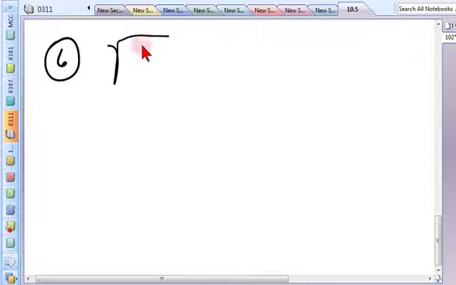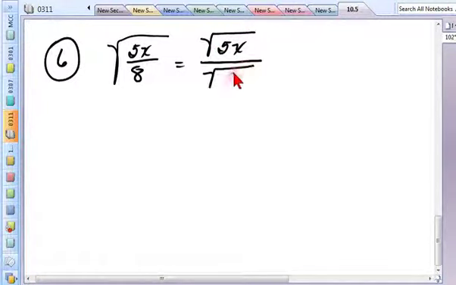It has the square root of the fraction, 5x over 8. All right, the first thing I'm going to do is break it into the square root of 5x over the square root of 8. And every time I've been saying, can I simplify anything? Can I reduce anything? What's your answer? Okay, good. Good observation. The square root of 8 is the first time we've seen a radical in this lesson that can be simplified.